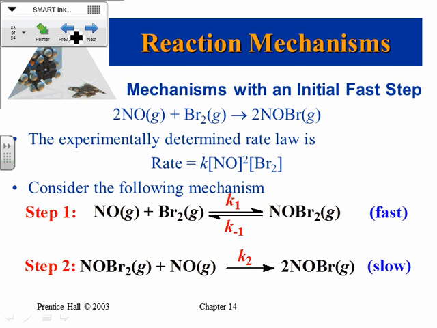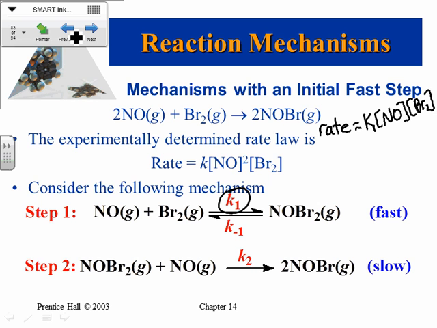So if I'm writing the rate law for this forward reaction on the first step, the rate equals K1, because they labeled this as K1 for the forward reaction, K1 times NO times Br2. Okay?